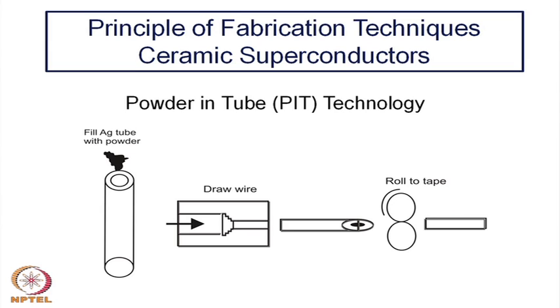So, you can get different powders, but that is not the end of the story. The powders have to be fabricated in the form of wires. So, ceramic wire fabrication is not that easy. The technique used is called powder in tube technology, or in short the PIT.